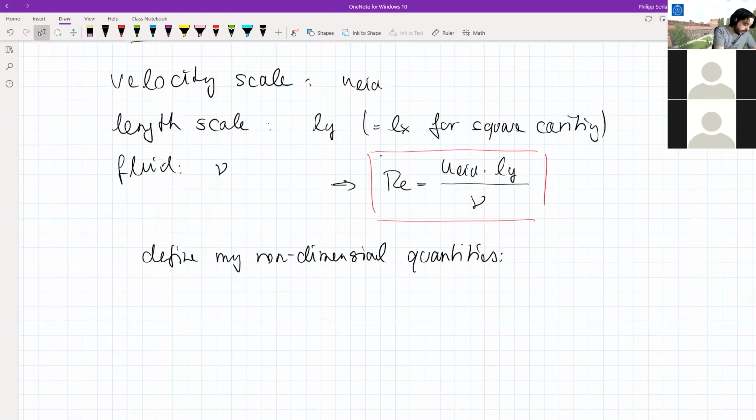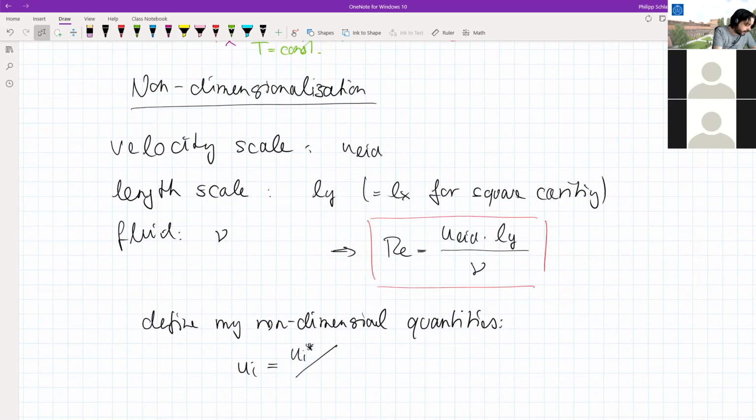For instance, the velocity ui would be ui star divided by my reference velocity scale, which is u lid. Here ui star is dimensional, and of course u lid is also dimensional. If you divide these two dimensional quantities by each other, I get my non-dimensional velocity ui.